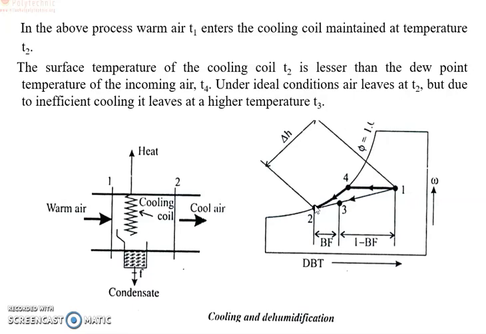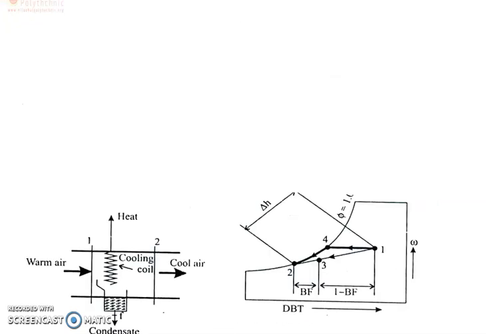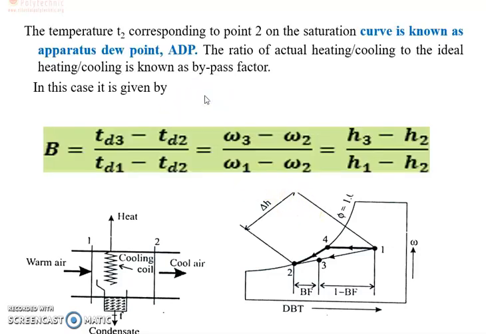So we can write the temperature T2 corresponding to point 2 on the saturation curve is known as the apparatus dew point, and the ratio of actual heating or cooling to the ideal heating or cooling is known as the bypass factor.